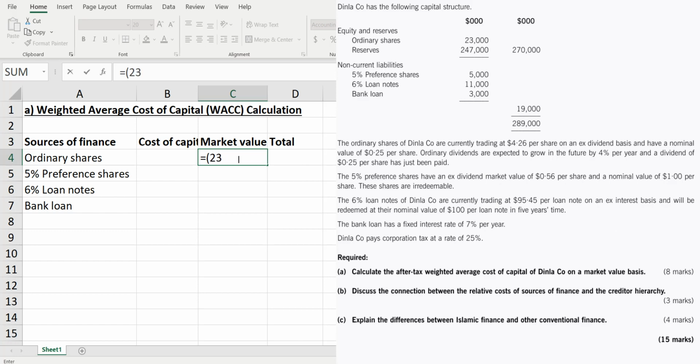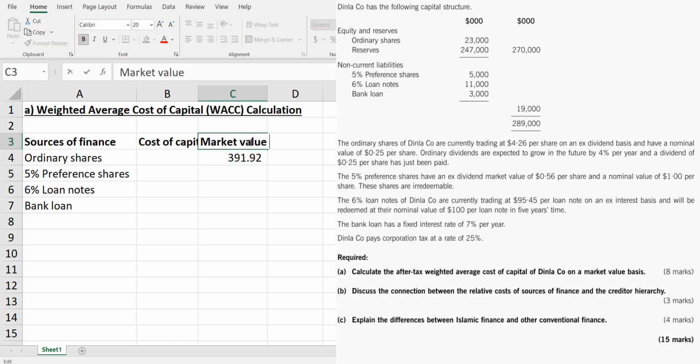23 million, we are taking million in common, divided by nominal price per share, which is 25 cents per share, and multiplied by market price 4.26, and we have the market value.